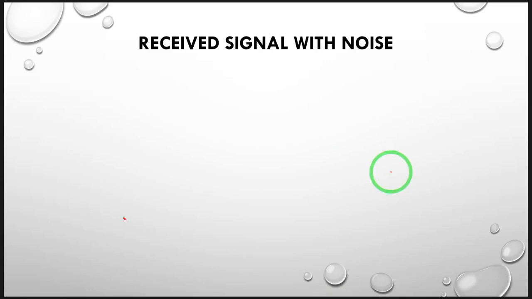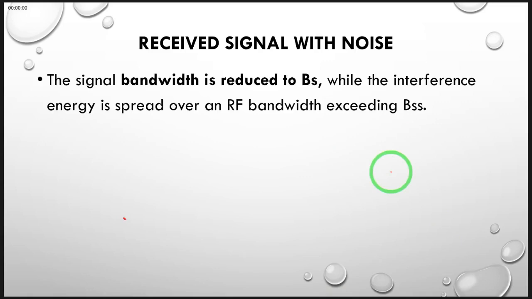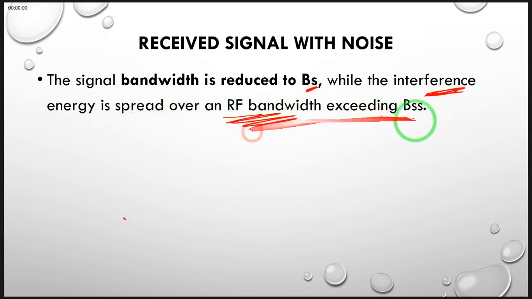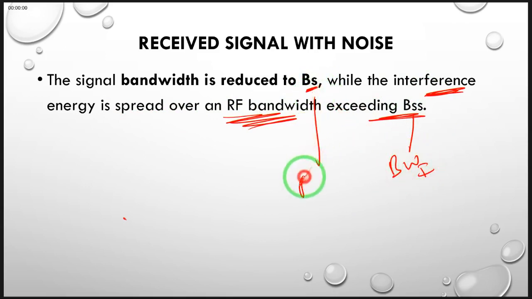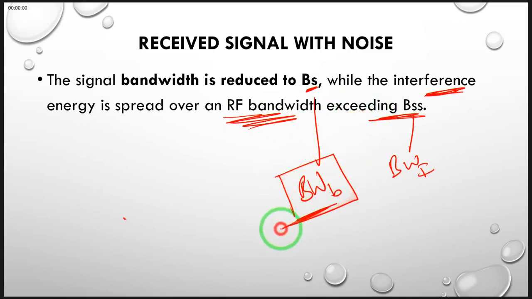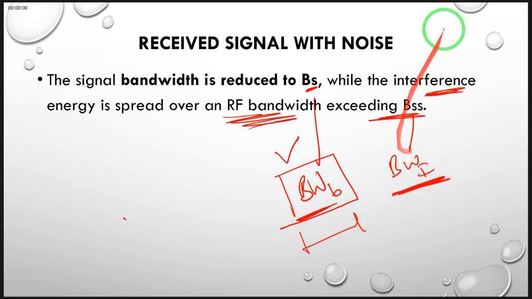So in summary, the signal bandwidth is reduced to BWB while the interference energy is spread over another bandwidth. This is what I was calling BWI. This is BWB that we are receiving, and now you apply the filter that will just limit the received signal to only this frequency range, and whatever else is covered by BWI is cut out.